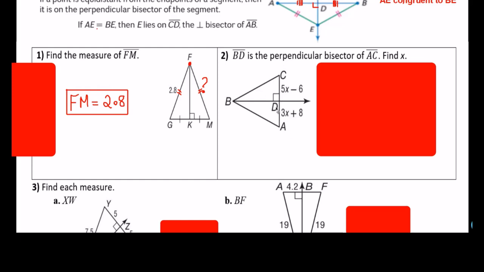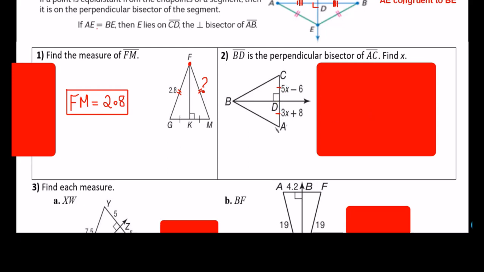In this particular problem, on the drawing, I only see a 90-degree angle, but I don't know anything else about the drawing. But if I read over here, it says that BD is the perpendicular bisector of AC. So because I have the words perpendicular bisector, I can come to this drawing and add this to the drawing.